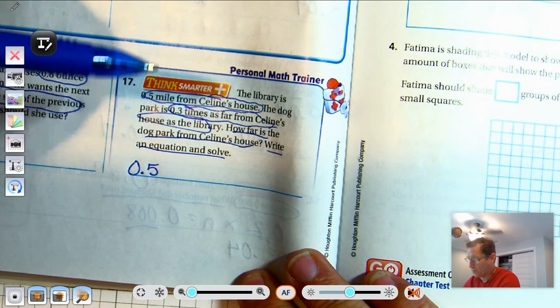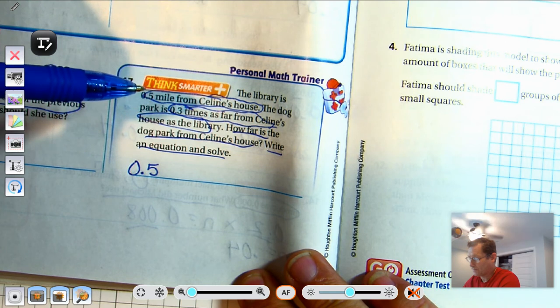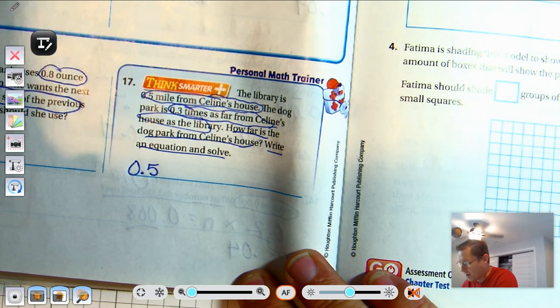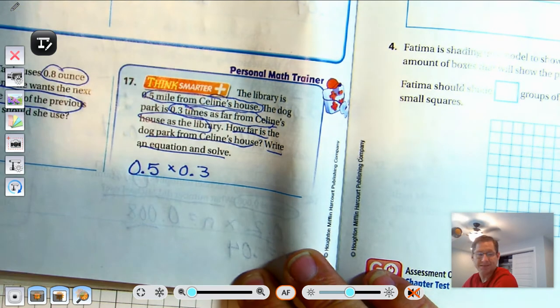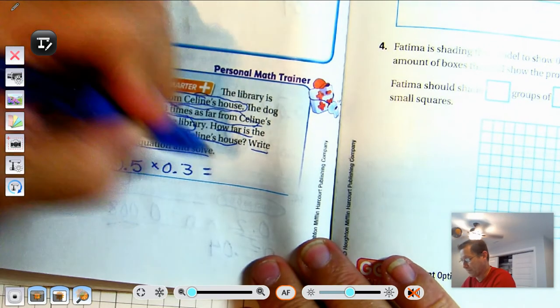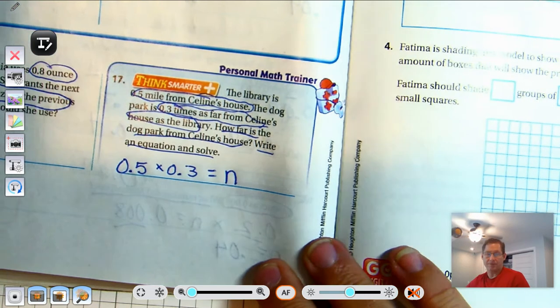And we want to go from the dog park, which is 3/10 times as far as the library. So times 3/10 equals n, the number of miles.